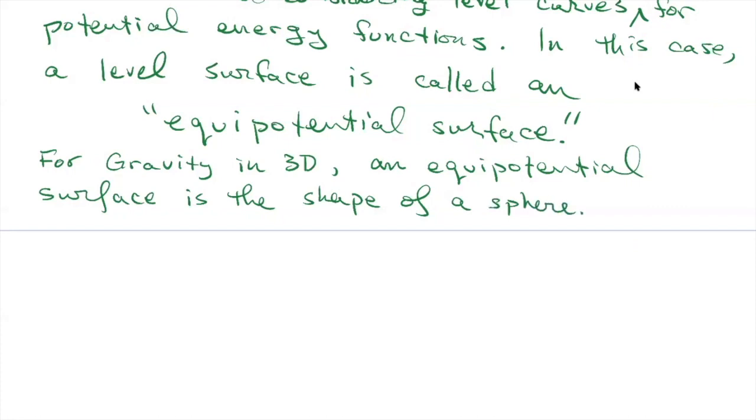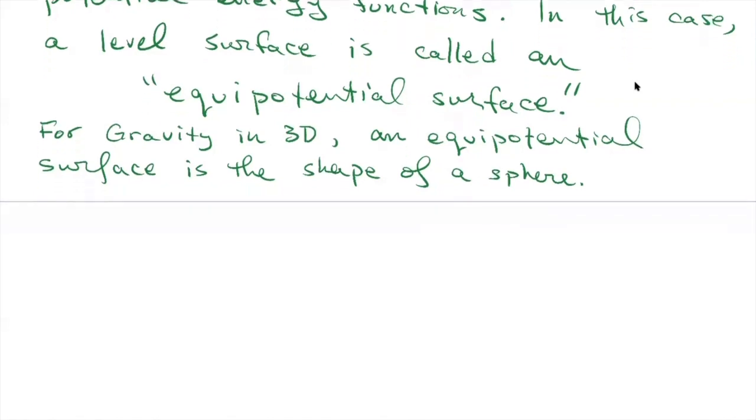And so when Newton first sort of formulated the law of universal gravitation, that law implies that equipotential surfaces for gravity have to be spheres, which is why planets are round, I guess, why planets take the shape of spheres effectively, because those are the equipotential surfaces for gravity.